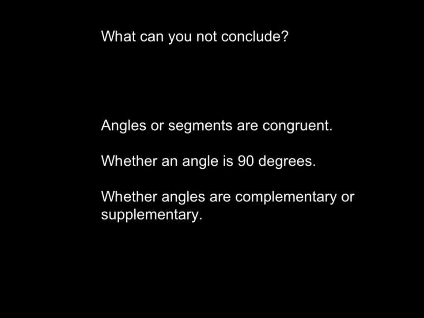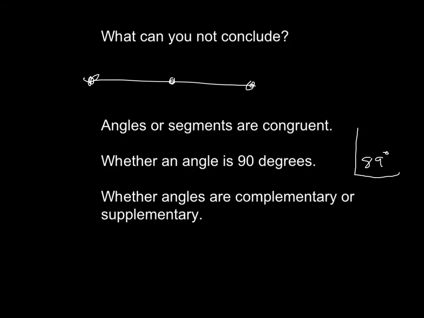You cannot conclude that angles and segments are congruent. For example, in this picture, it might appear that the two segments are equal, but there are no markings telling you that they are. You also can't assume that an angle is 90 degrees because it could be very close and just appear to be 90.